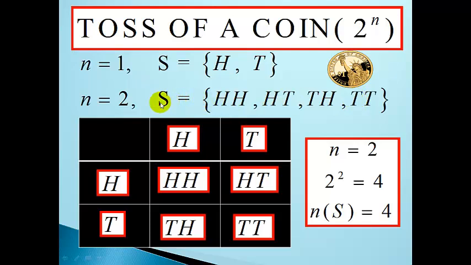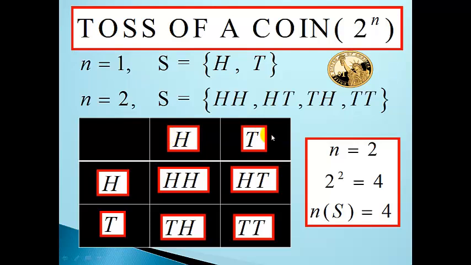But now let me show you how you can generate the sample space for the toss of a coin a number of times. When a coin is tossed once, the sample space is HT. When we toss the coin once again, we have HT.